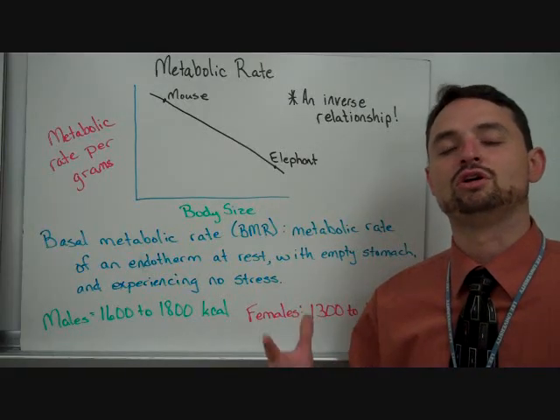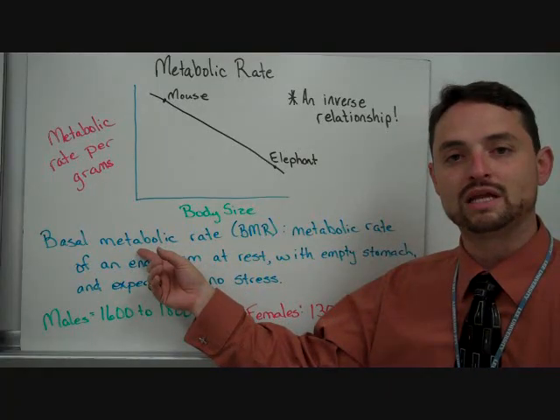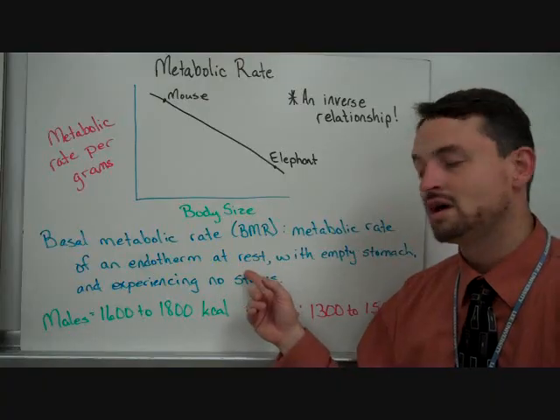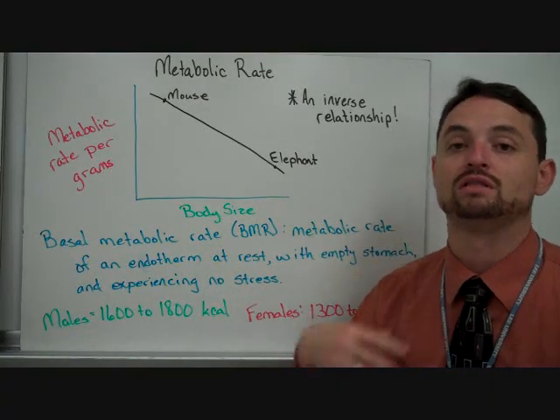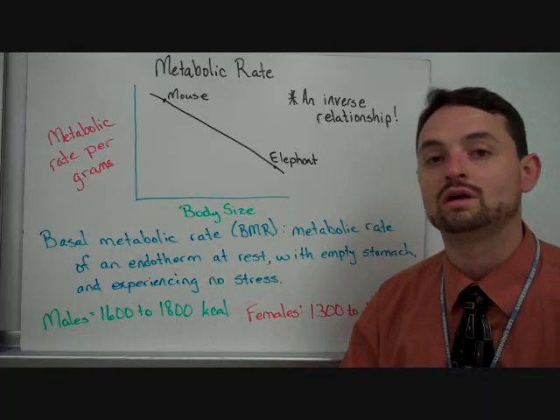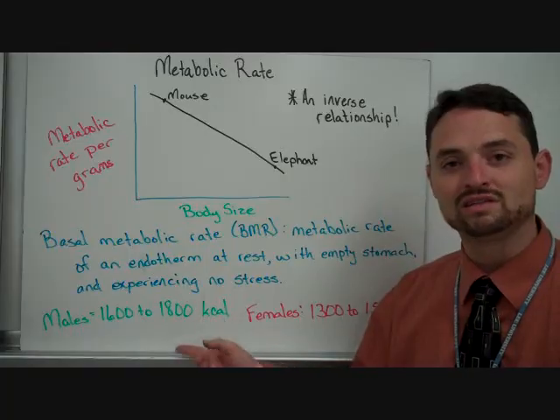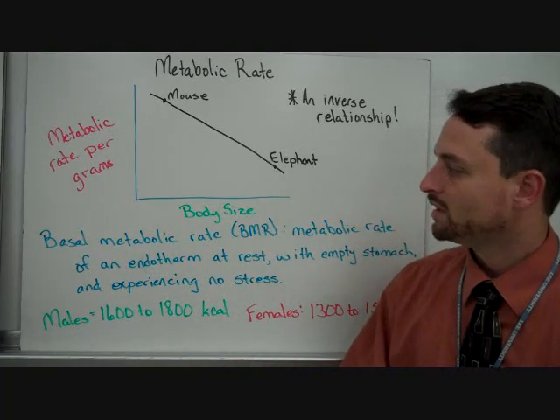They're intaking enough calories to keep that basal metabolic rate up. And then as they do stress, or as they are no longer at rest, then they're burning the fat and not burning the food that they're eating, and then end up storing a bunch more fat, which is what many of us do, is we eat well more than this, and then we end up storing a lot of that energy for later.